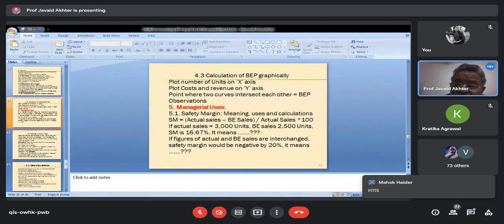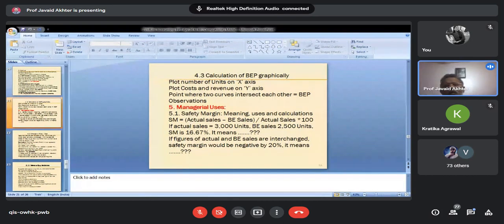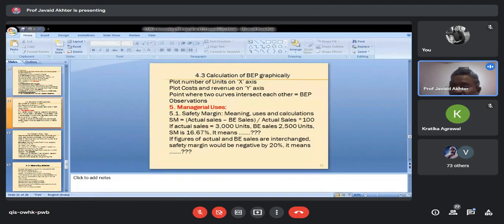Beyond the BEP level, beyond the intersection point of those two curves, you start getting profit. Profit is small when you are closer to the intersection. When you move on and on, the profit keeps on increasing. So these are certain observations that you can make in the graph if you calculate BEP graphically.